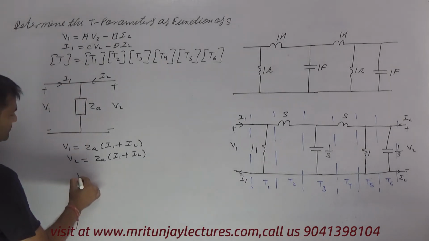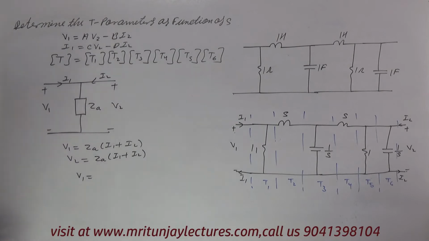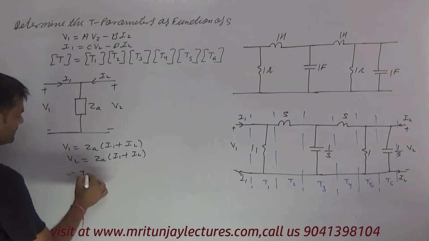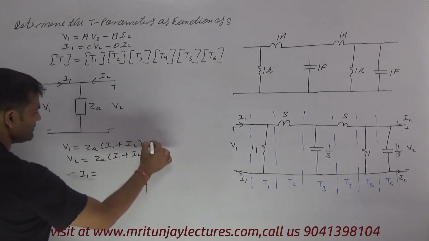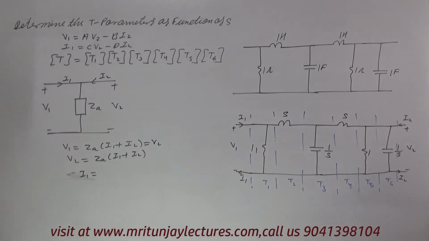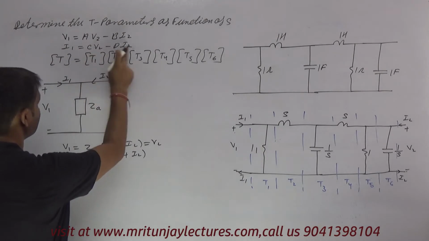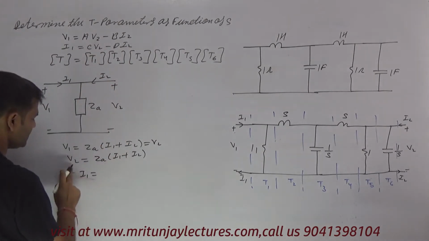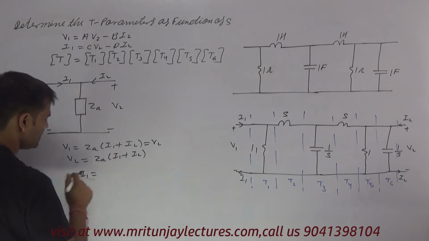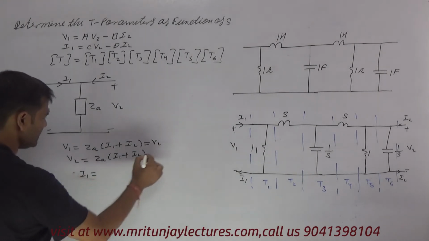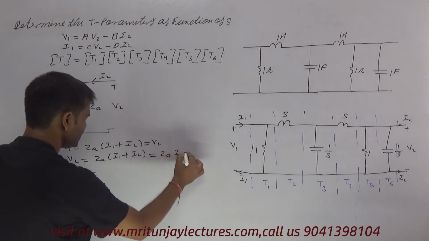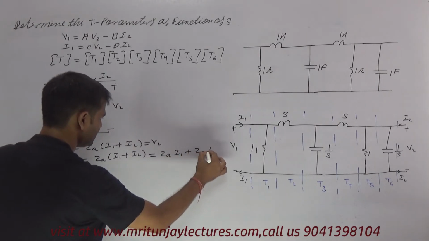V1 is equal to V2, and I1 is written as ZA I1 plus ZA I2.